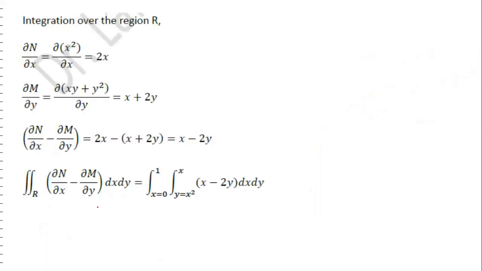Now integration over the region. Just 1 minute. What is that? Collaboration with Uzbek University.